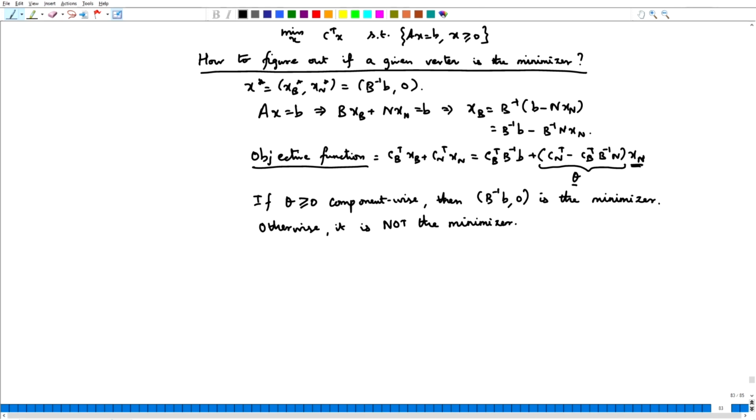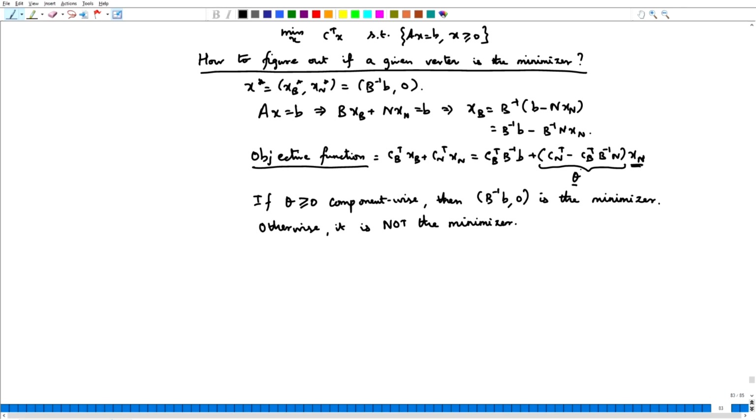So, that is as clear as it can be, right. So, if theta is greater than or equal to 0 component wise, then B inverse b and 0 is actually the minimizer, that is we have chosen the right set of linearly independent vectors, right. Otherwise, we have not chosen the right set, we need to modify, right. So, good, that is as easy as this, right.